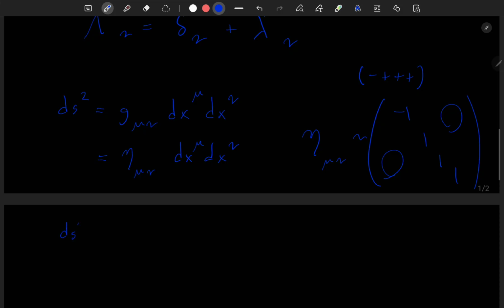So that means we end up with a space-time interval of minus dt squared plus all of your remaining spatial distances squared. And I'm going to use x1, x2, x3 because I don't want to use x, y, z.